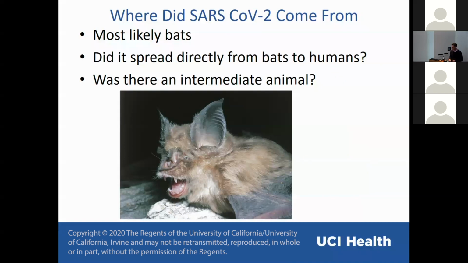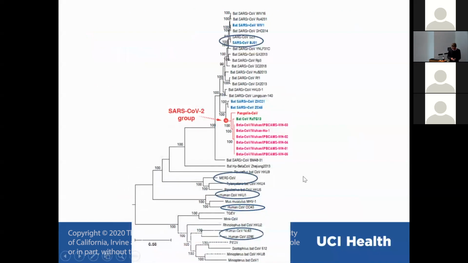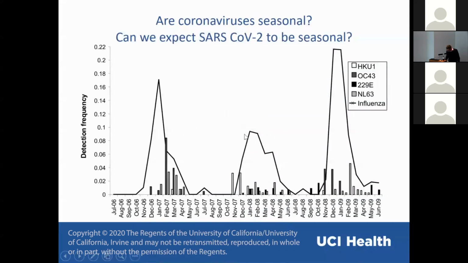It's a very lovely creature, as you can see. And this harbors coronavirus very, very similar to CoV-2. And here on this phylogenetic tree, we can see how these viruses are related to each other. So in red are the COVID viruses here.